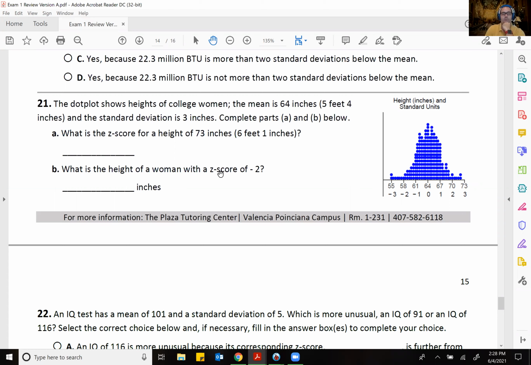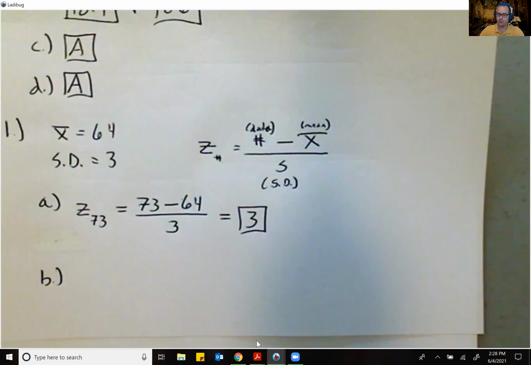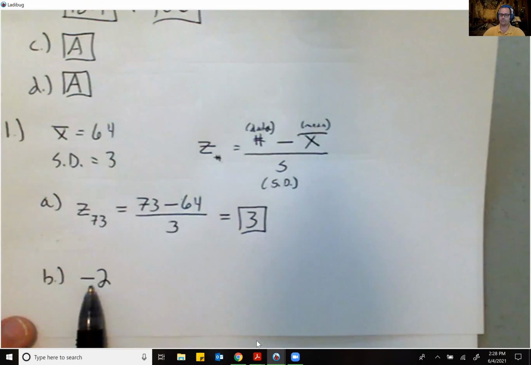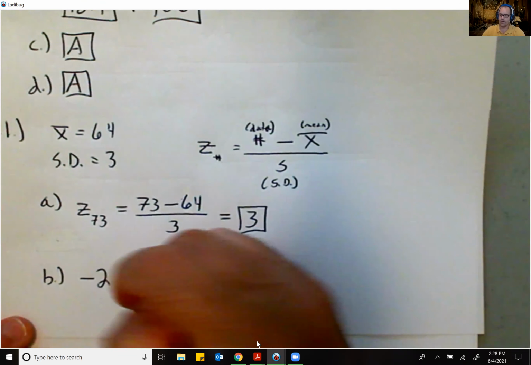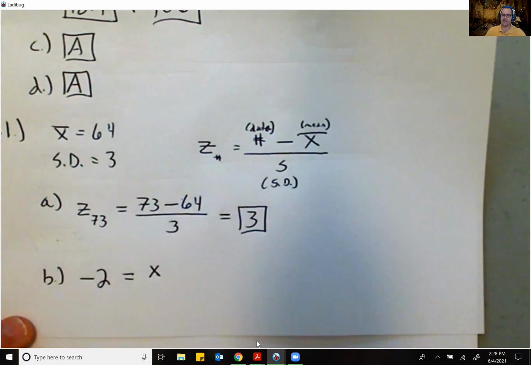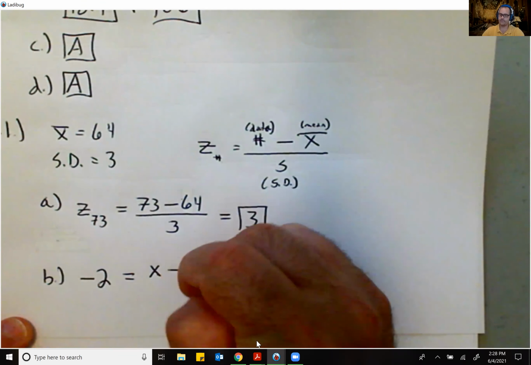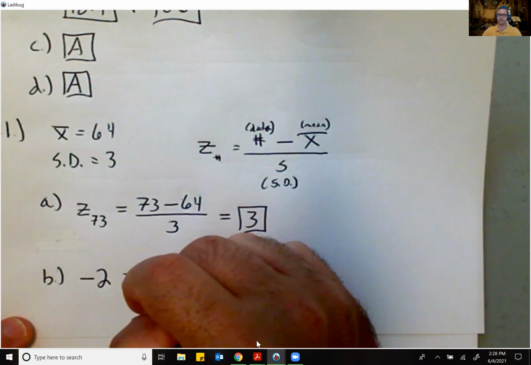What is the height of a woman with a z-score of -2? 58. 58 right there. But let's verify that real quick. So let's work the z-score formula backwards. We know that their z-score is -2. What we don't know is the data, minus 64 all over 3.